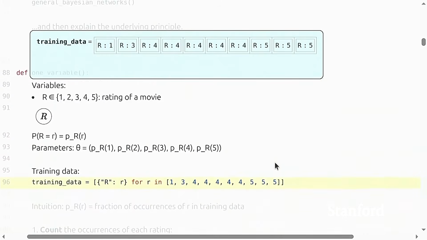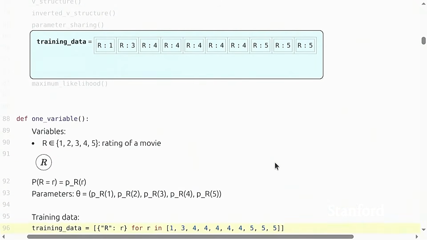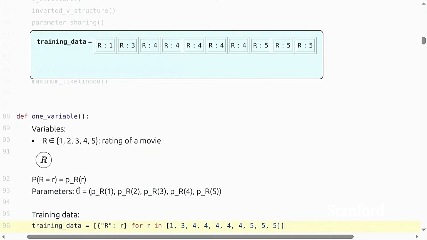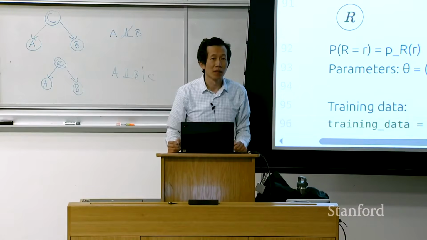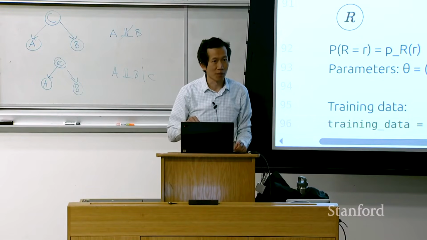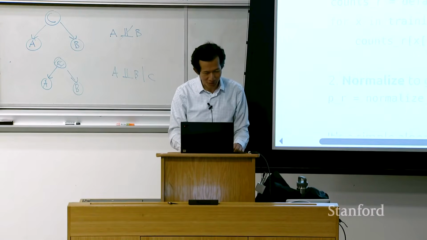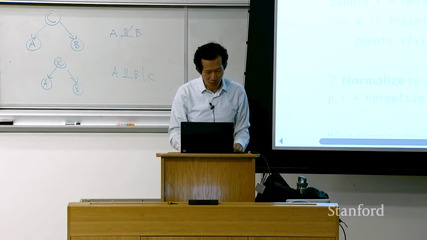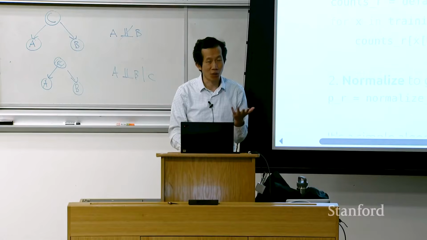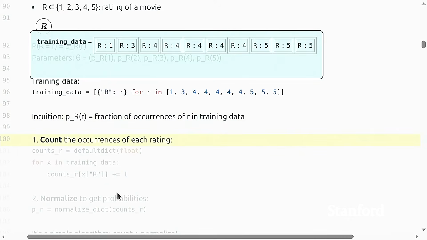Okay, so let me ask you this. How would you estimate the parameters? Just intuitively, what would you do? Yeah, count all the observations and normalize. Okay, great. So that's exactly what we're going to do. If you're just following your nose, this is the most sensible thing to do.